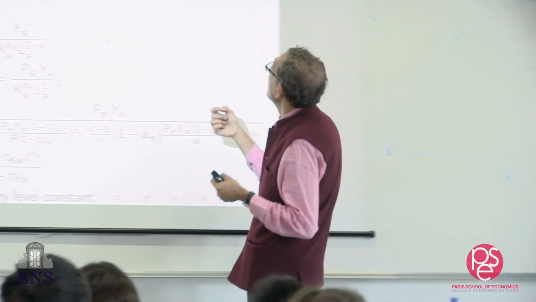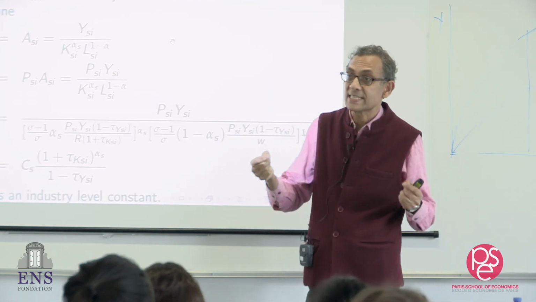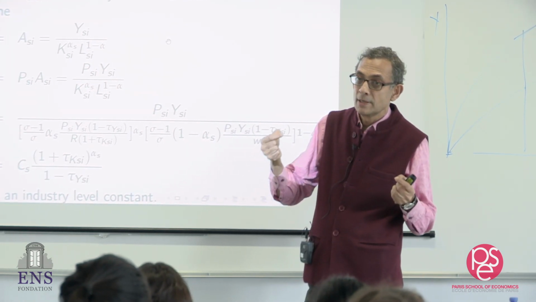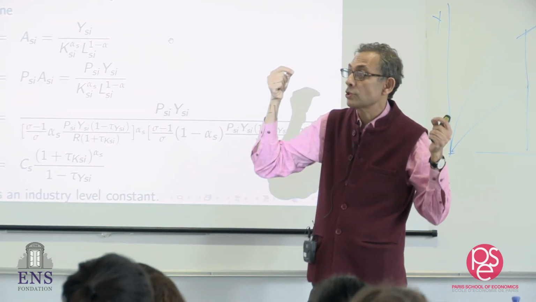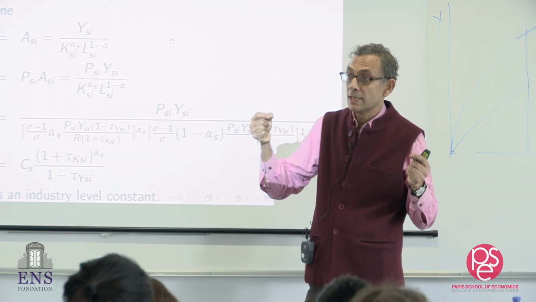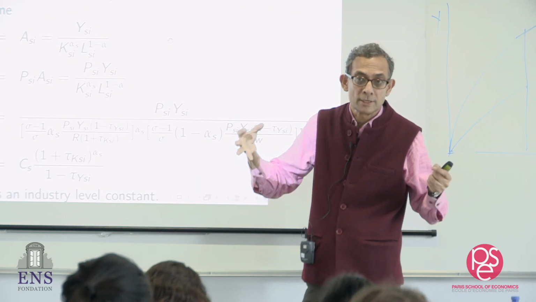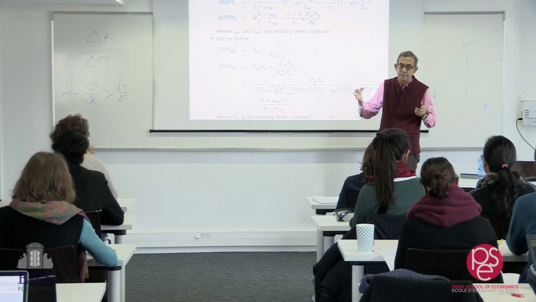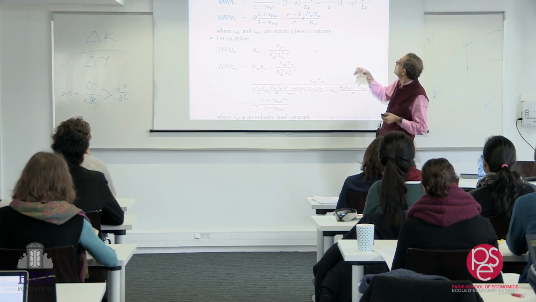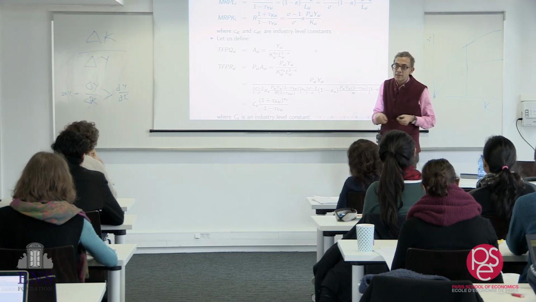And the third fact is that from the CES assumption, a fixed fraction of the total revenue is the cost. That's what we had last time. Put these two assumptions together and you get this line here.